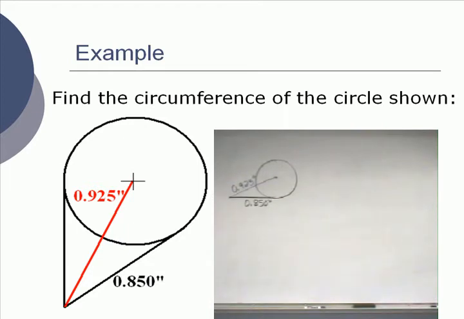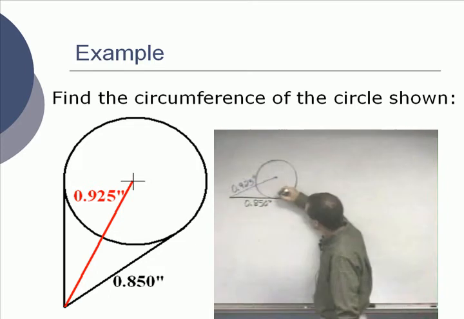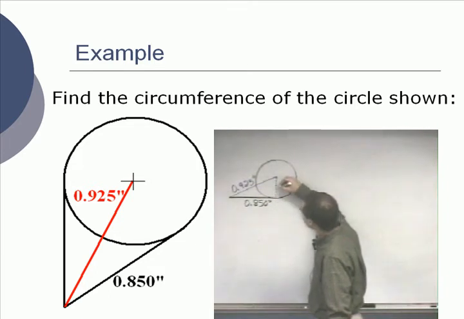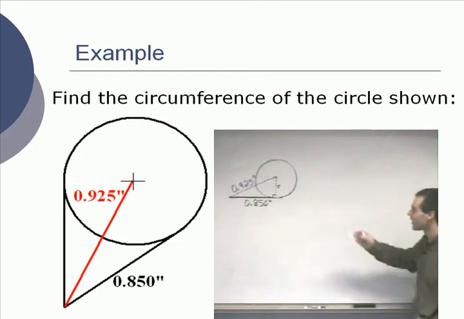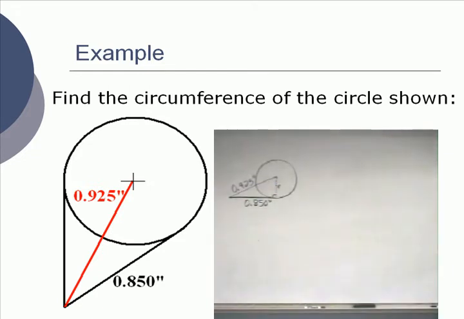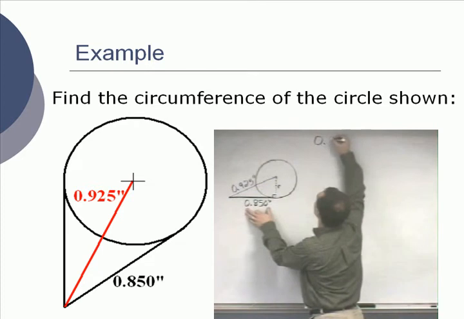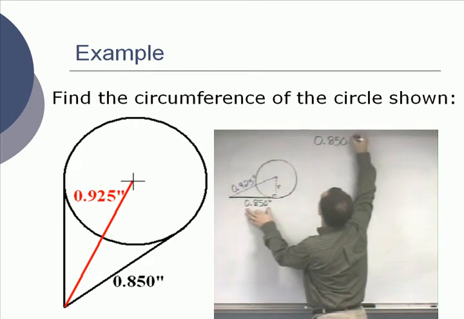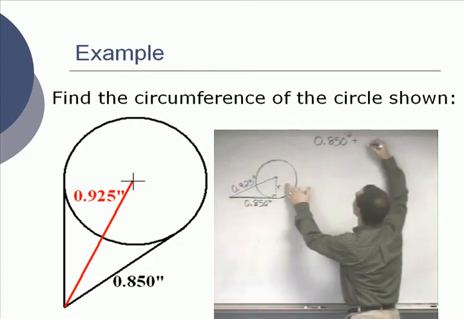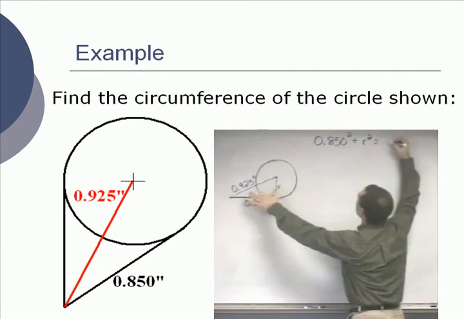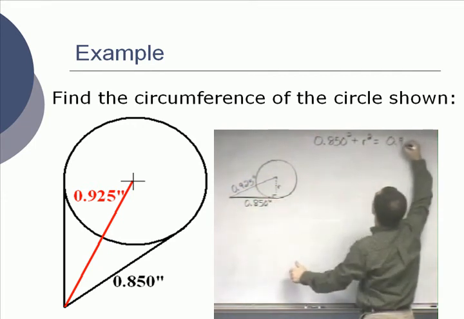Well, you probably see it. How are you going to find that radius? That's an equilateral triangle. Excuse me, it's not an equilateral triangle at all. It's a right triangle. And so we can use the Pythagorean theorem. We know that 0.850 squared plus our radius squared is going to equal 0.925 squared.